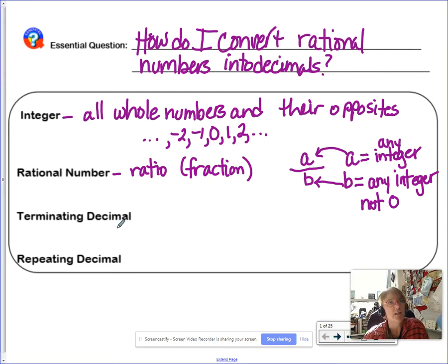A terminating decimal is a decimal that stops. Like 1/2, if I turn that into a decimal, it's 0.5 or 5/10, and it stops. There's no other numbers here.